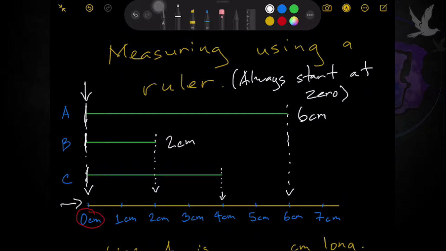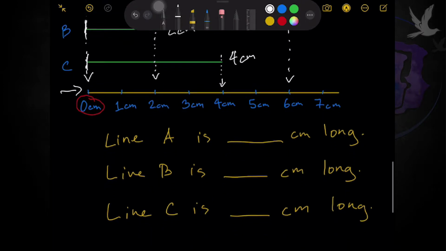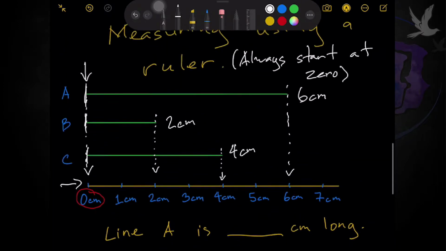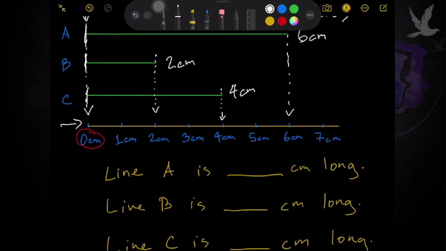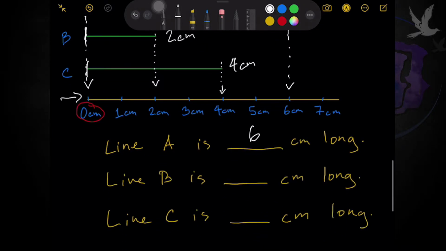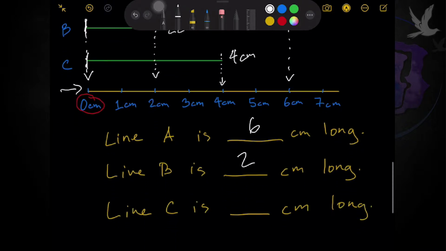So we can say that line C is 4 centimeters. And there are questions below. It says there, line A is how many centimeters long? With the given data, we can say that line A is 6 centimeters long. Line B is 2 centimeters long, while line C is 4 centimeters long.